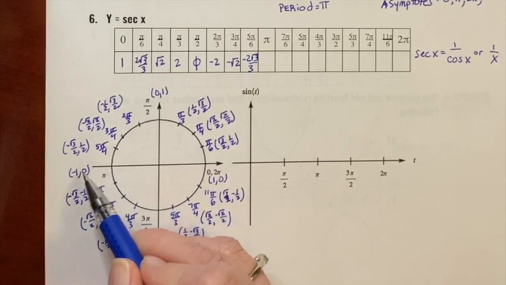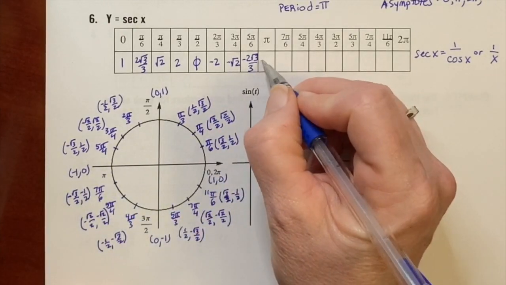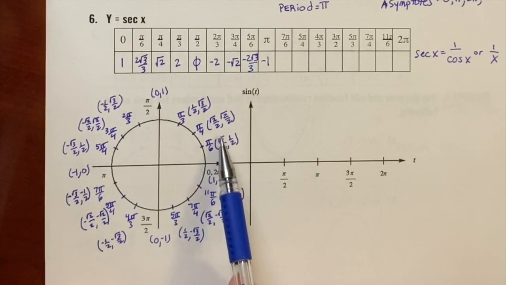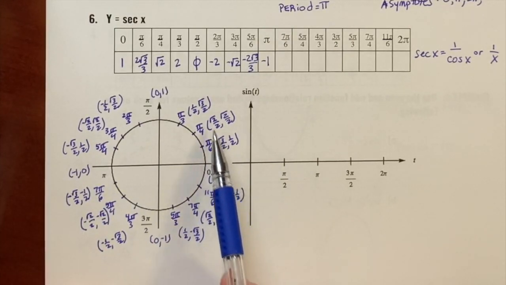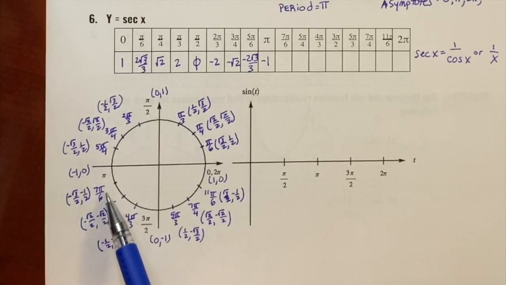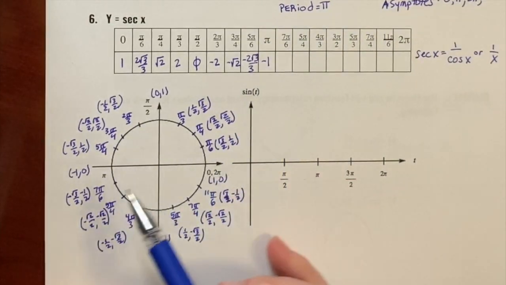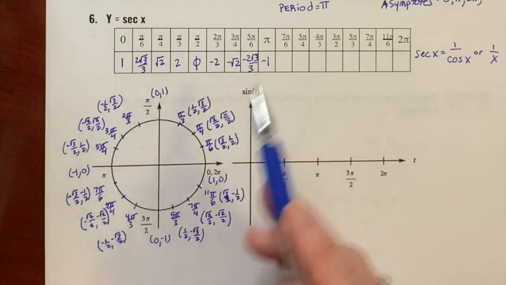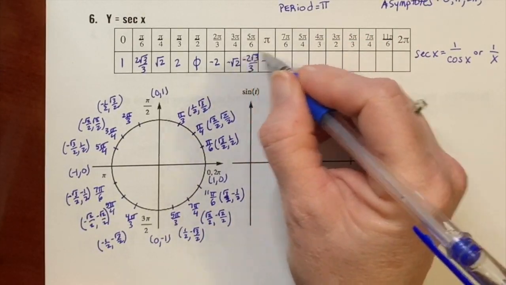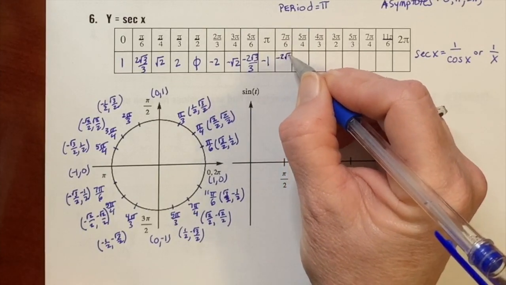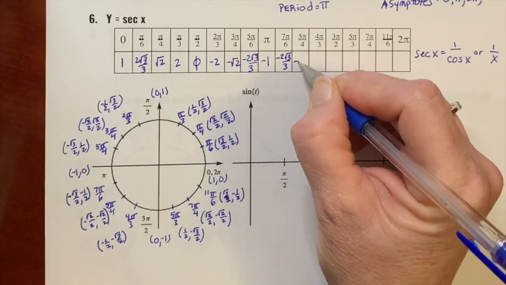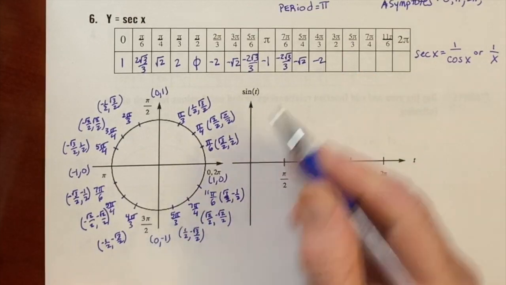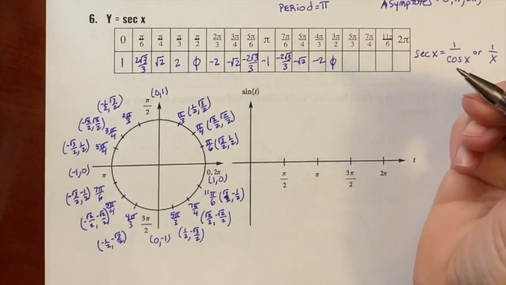When we get to pi, the reciprocal of negative 1 is negative 1. As we move on around to 7 pi/6, the x is negative in quadrant 3, so we really repeat the same using the symmetry: negative 2 square root of 3 over 3, negative square root of 2, negative 2, and then at 3 pi/2, the reciprocal of 0 is 1 over 0, which again is undefined.